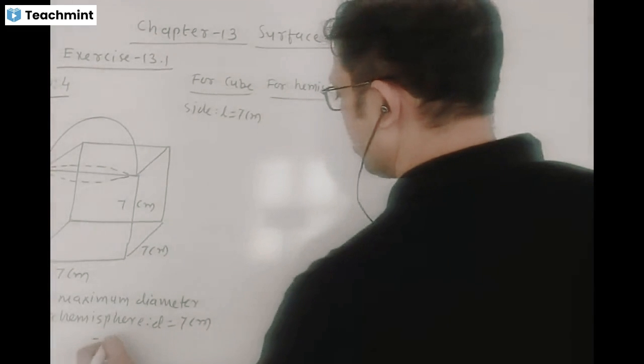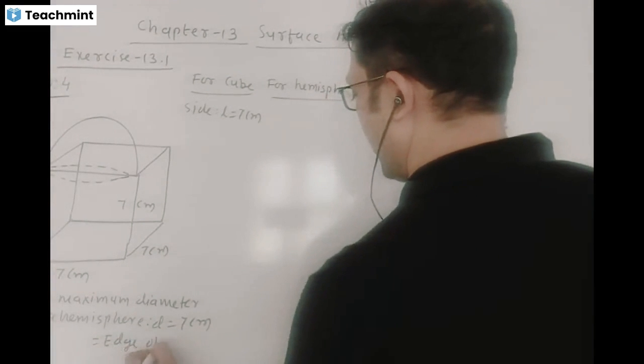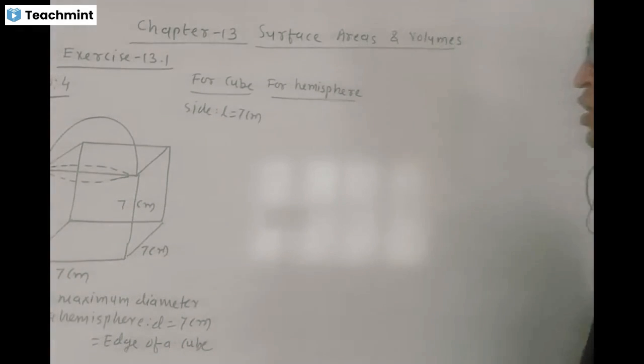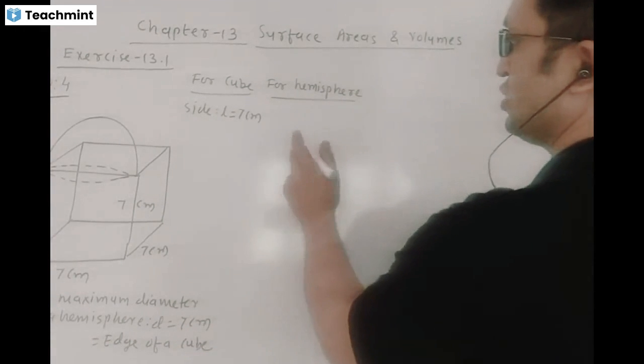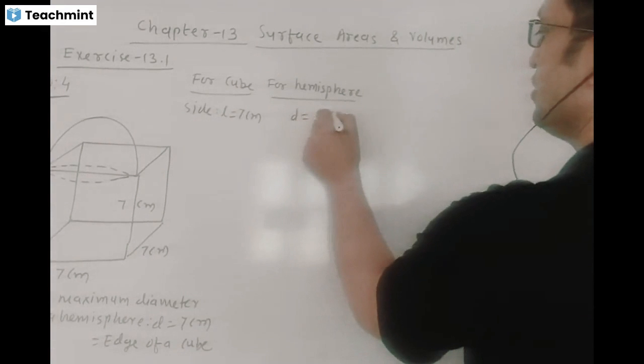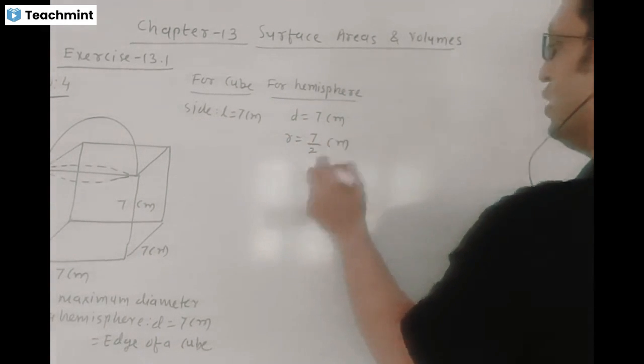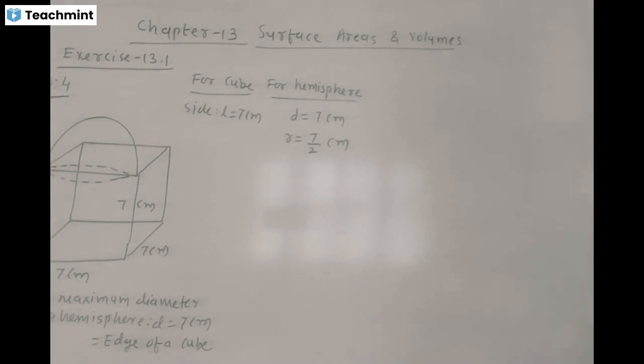For the cube, side l is equal to 7 centimeter, and the maximum diameter D is 7 centimeter. What is the radius of the hemisphere? It is equal to half of the diameter.